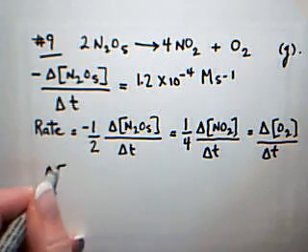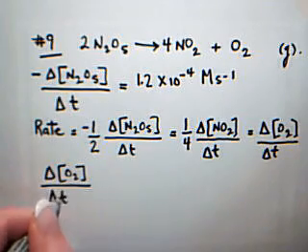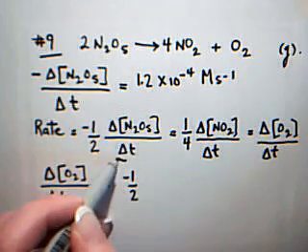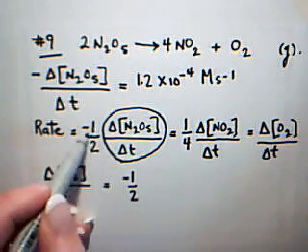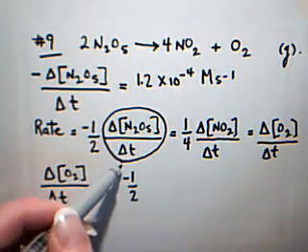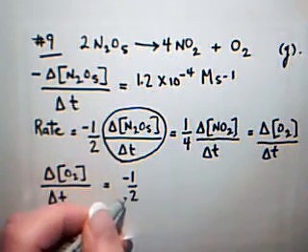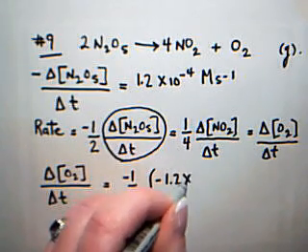So what they're asking us for is this, and that is equal to minus 1/2 times the rate of change, or rate of production, with the rate of consumption, of the N2O5, and that is equal to this.